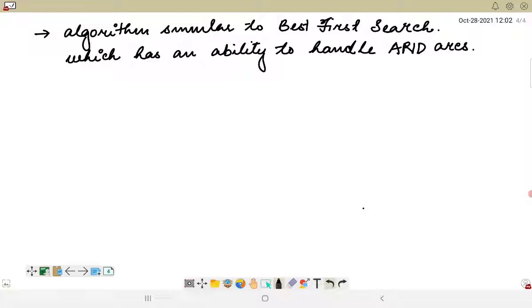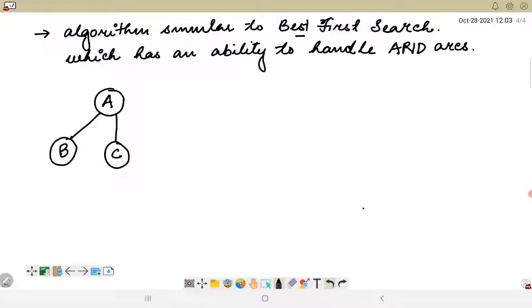Now let us look into one example through which we can identify why simply best first search is not sufficient in order to handle AND OR graphs. Suppose I have a node A, and then it has B. So this is one arc that we have.